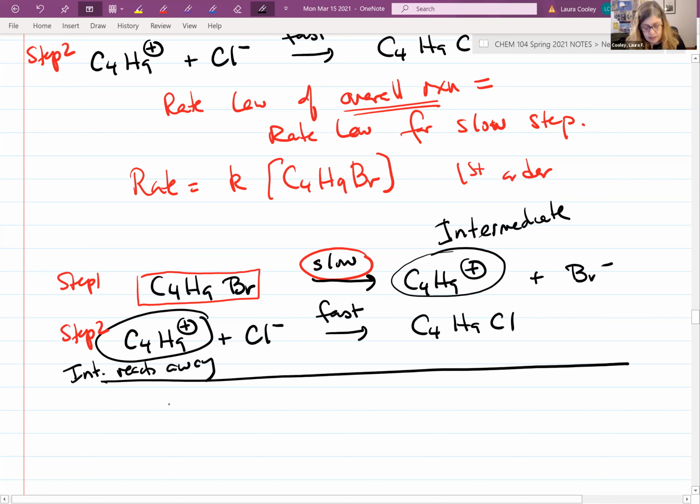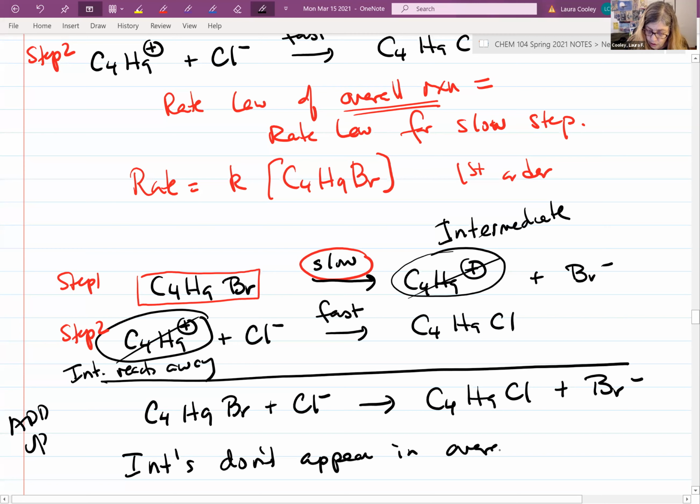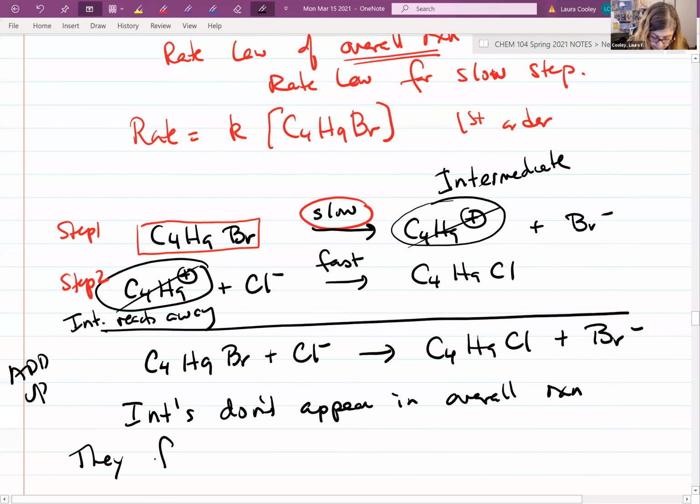So when you add up these reactions, this guy cancels and it doesn't appear in the overall reaction. So intermediates don't appear in the overall reaction. And the reason why is that they form and then they react away.